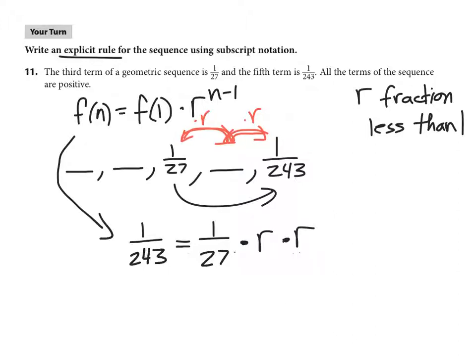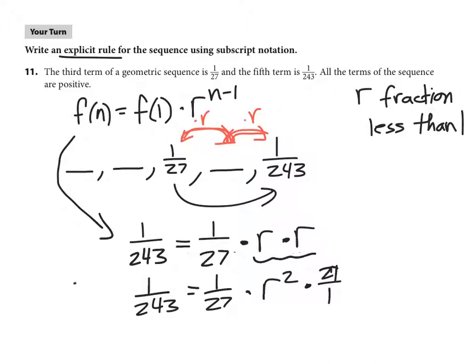What does it mean when you multiply something by itself? That means it's squared. So really I get 1 over 243 is 1 over 27 times r squared. Now let's think about solving for a variable. Instead of dividing by 1 over 27, I prefer to think of it as multiplying by the reciprocal, 27 over 1.